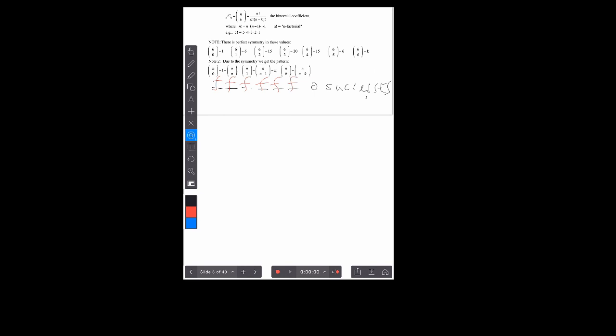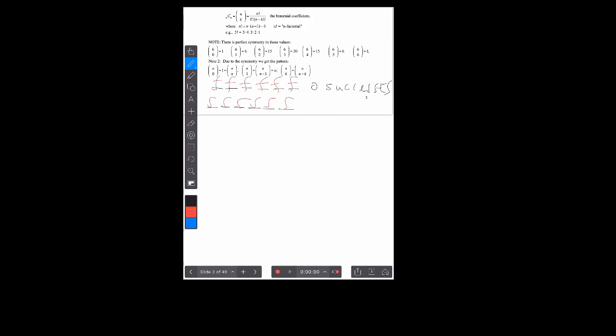Similarly, n choose n will always be 1. What does this say? How many ways are there of seeing 6 successes out of 6 trials? Well, let's do that. 6 tries: 1, 2, 3, 4, 5, 6. 6 successes. How many ways are there of rearranging the S's to get different outcomes?